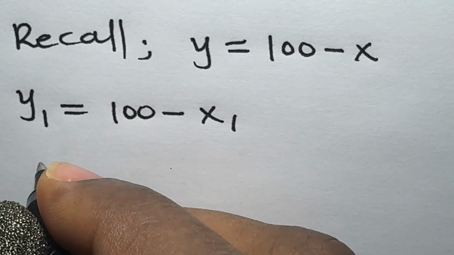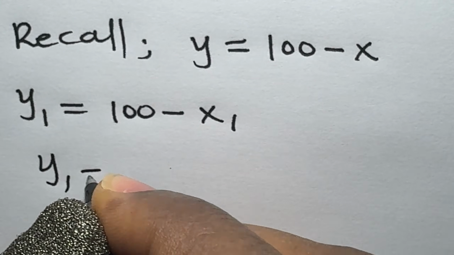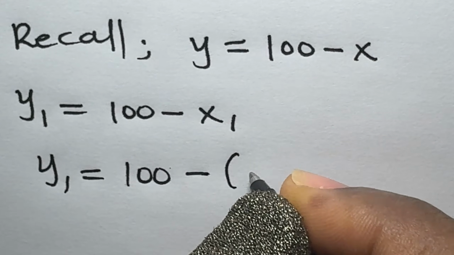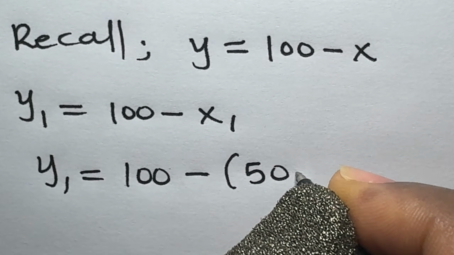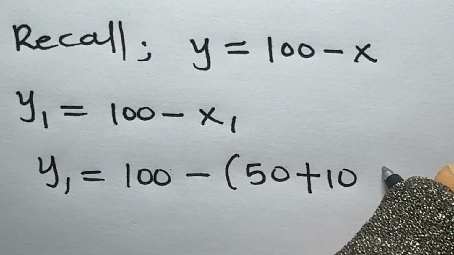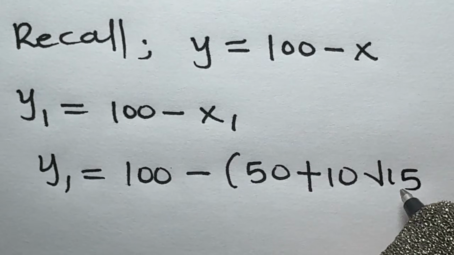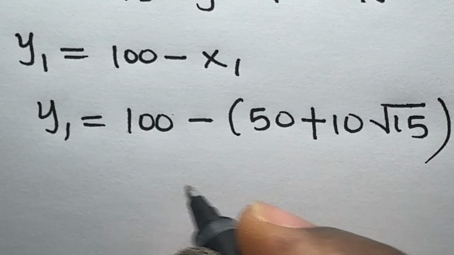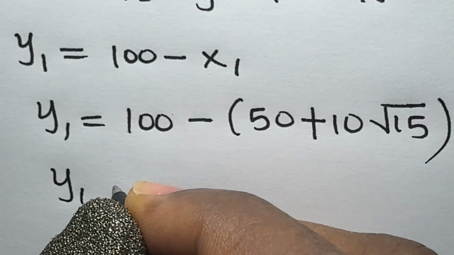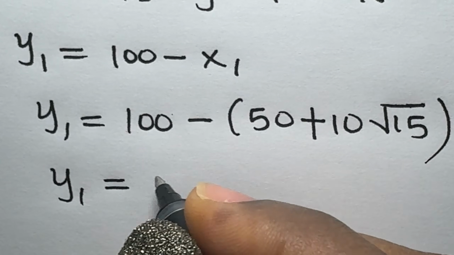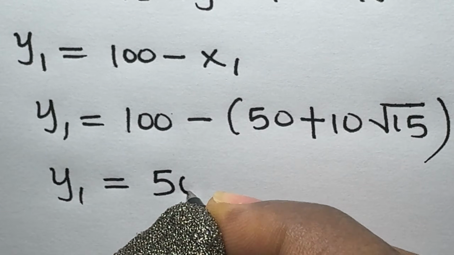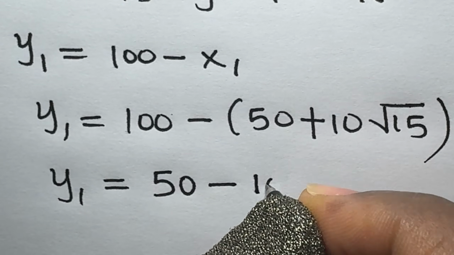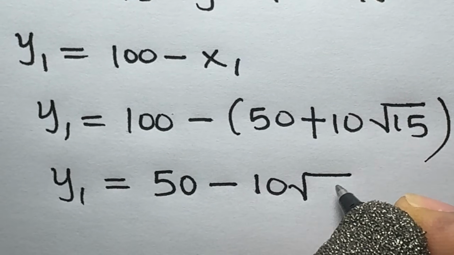So y1 is equal to 100 minus 50 plus 10 root 15. This will give us y1 is equal to 100 minus 50 is 50. Minus times plus is minus. Then we have 10 root 15.